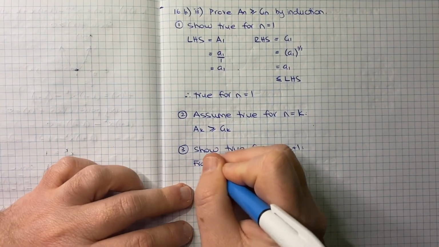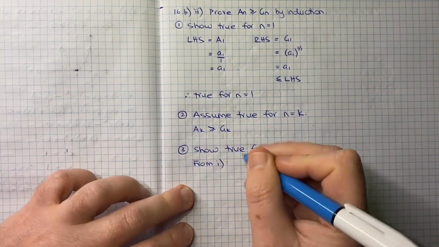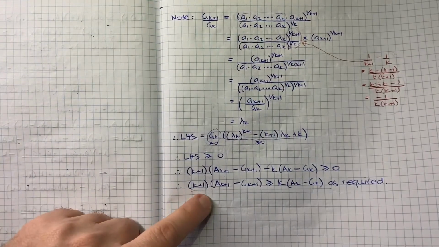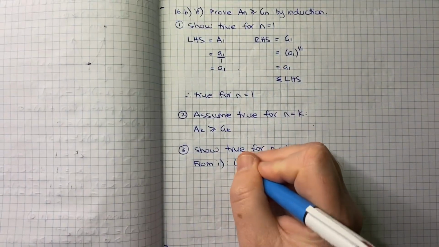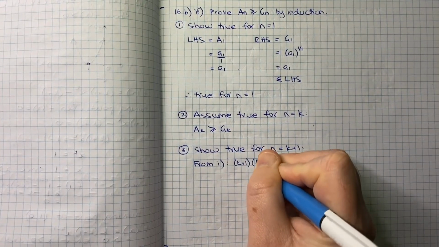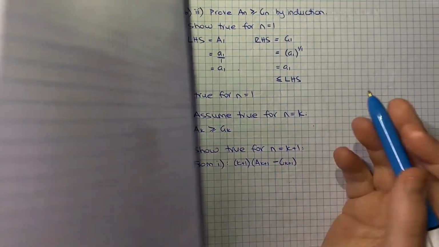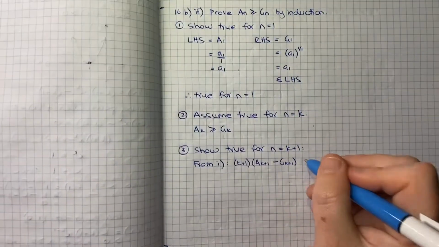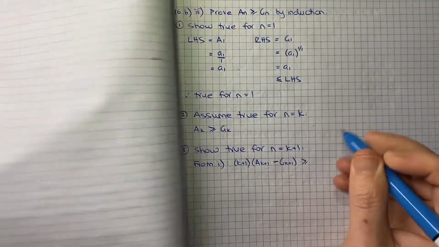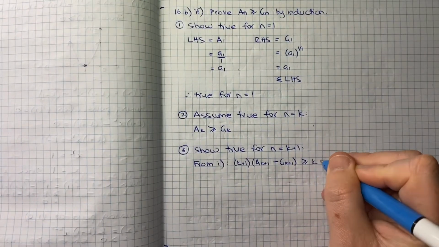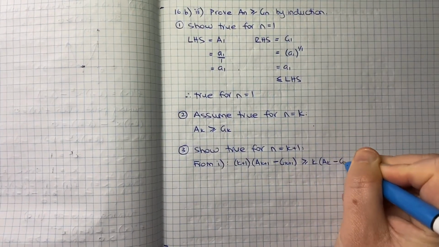From part 1 we know that (k+1) times (A_{k+1} minus G_{k+1}) is going to be greater than or equal to k times (A_k minus G_k).